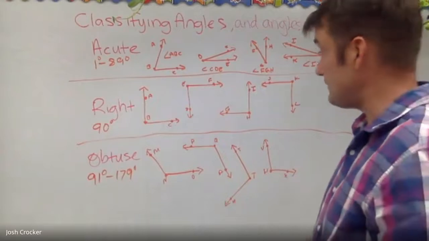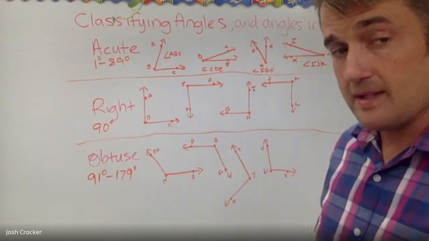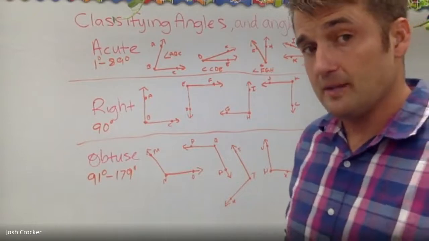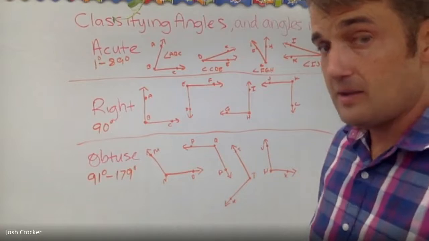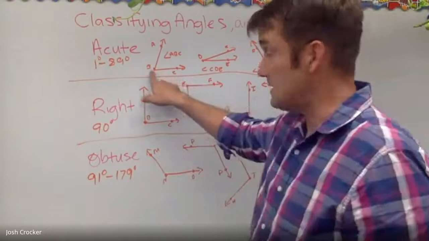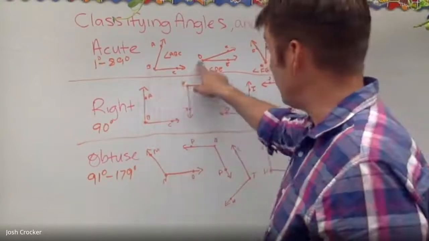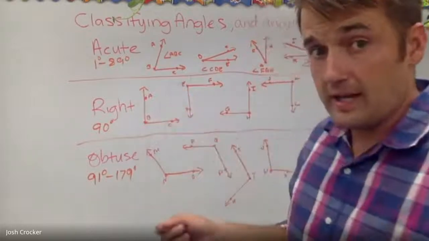Okay. Now, one more thing while we're talking about angles, you're going to see these angles be named, described. Okay, and they are named by their points. And this point here that is the corner, every angle has a corner like that. Okay, it's called a vertex.